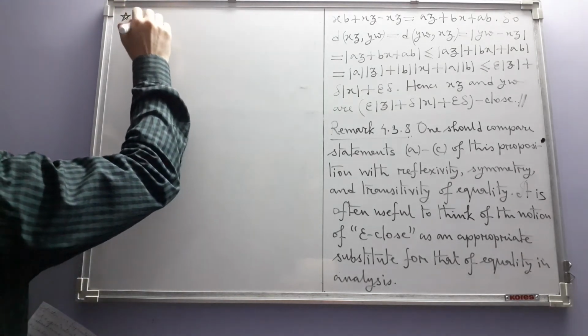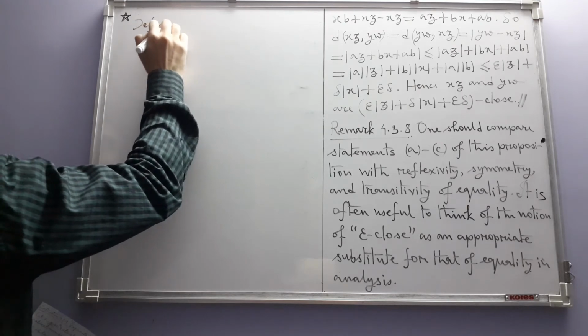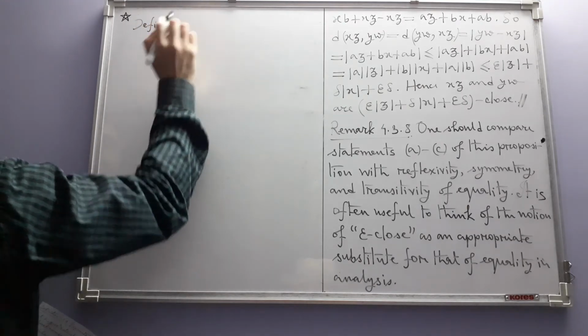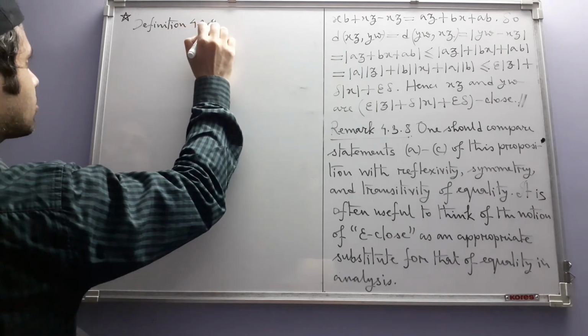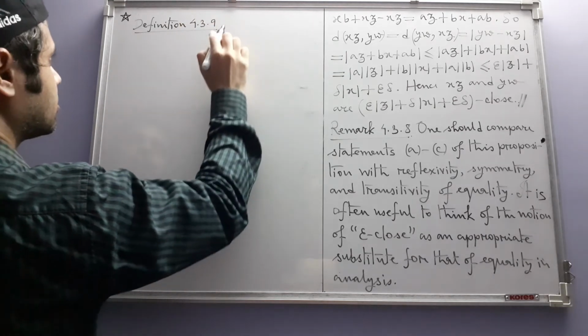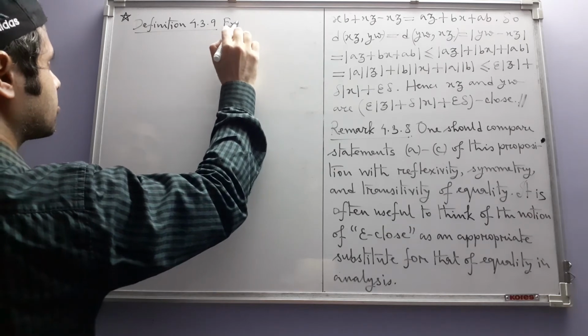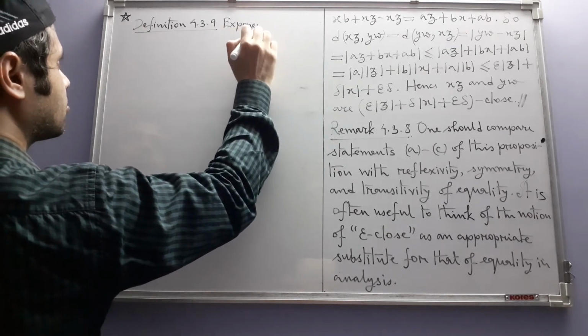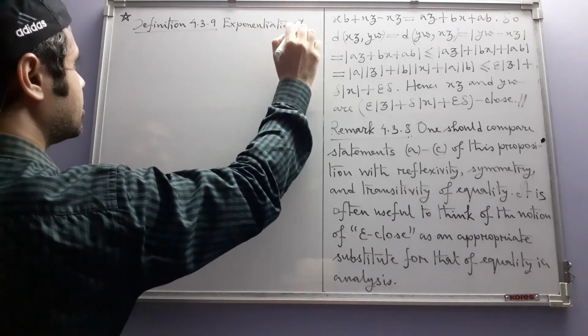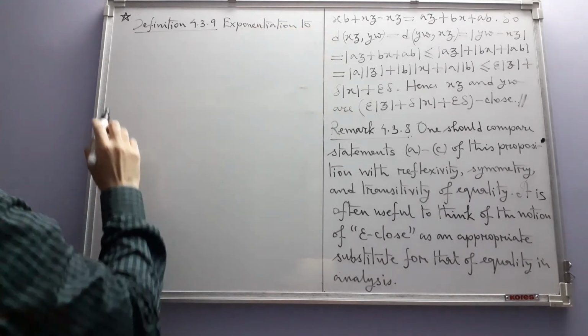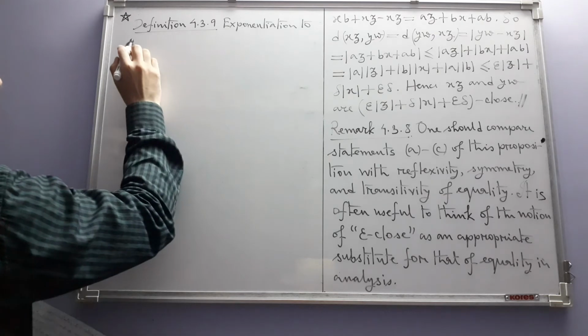This is definition 4.3.9 and it's named exponentiation to a natural number.